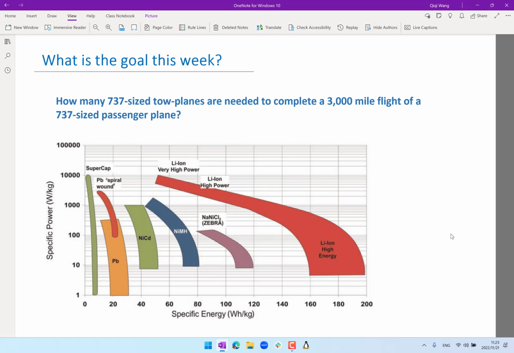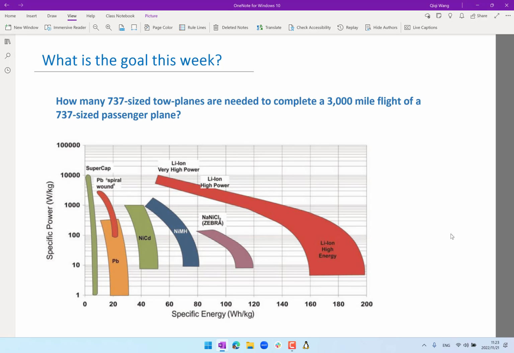Realistically, there are a lot of nuances to using batteries to power things. The specific power actually drops as the batteries are consumed, and the specific energy, how much energy can be used, actually depends on how fast you draw the power. But let's just forget all these nuances for now and focus on the aerodynamics.